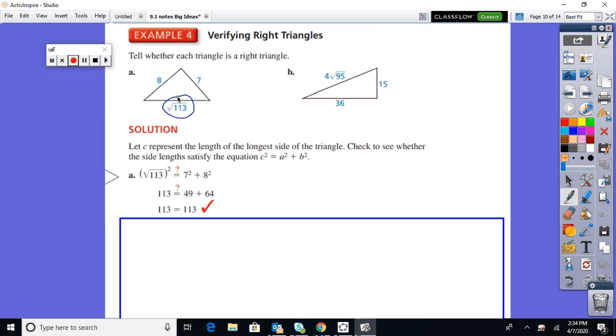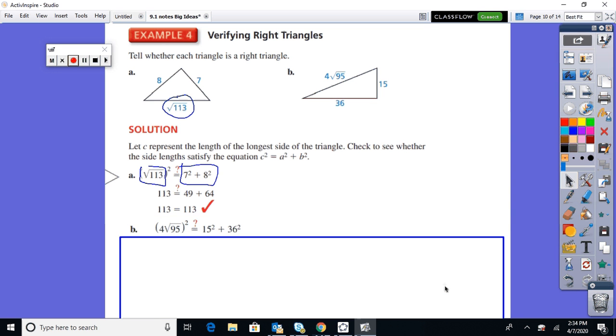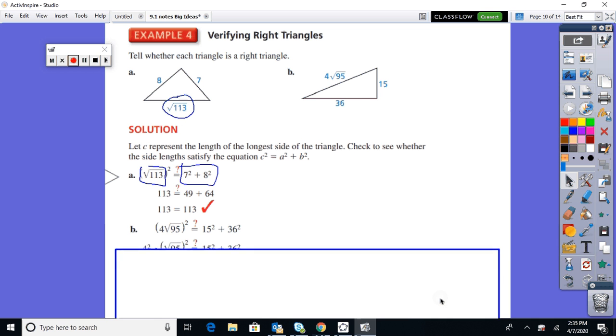So you take the 2 smaller numbers, in this case 7 and 8, they go on one side of your equation, and the square root of 113 goes on the other side. And then don't forget to square everything. So 113, question mark, 49 plus 64, and they do indeed equal each other. So A is a right triangle.